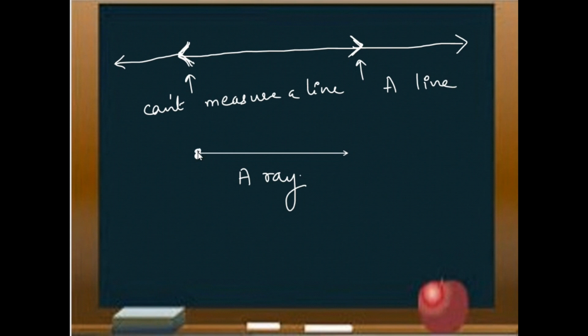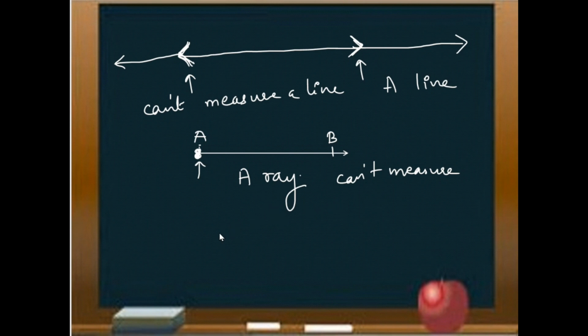And one part of it is an ending point, or you can say this is the starting point of the ray. If I want to name the ray, I will name it from the origin. This is the origin of the ray, A, and it goes on extending in the direction of B. So even we can't measure the length of a ray.